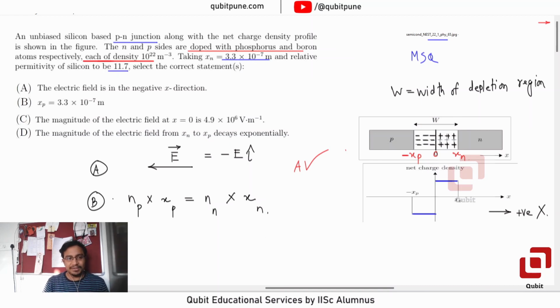That should be there to match the charge balance.